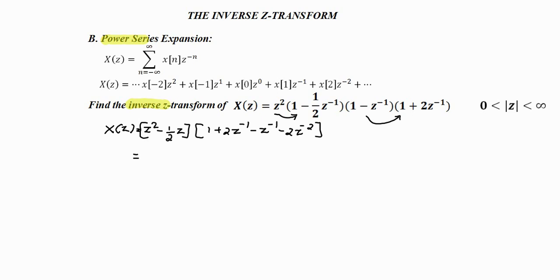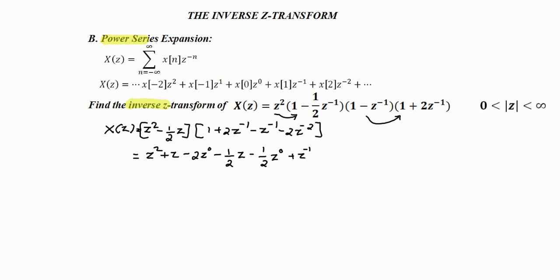If you multiply it with z squared, it becomes z squared plus z minus 2 z raised to 0. Z raised to 0 means it's 1, then minus 1 by 2 z minus 1 by 2 z raised to 0 plus z raised to minus 1.